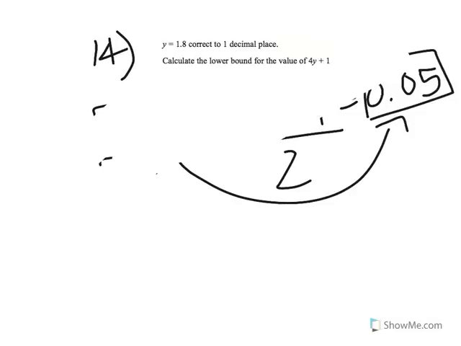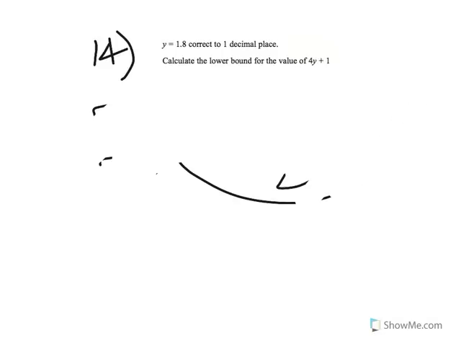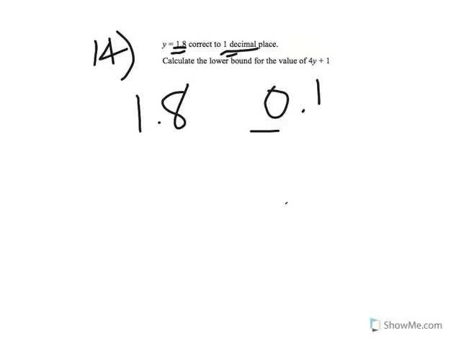Now, in this question, they want us to calculate the lower bound of 4y plus 1. So that means they want a lower value in general. So we need the lower bound of 1.8. 1.8 has been rounded to 1 decimal place. So 0.1 divided by 2, which is 0.05.